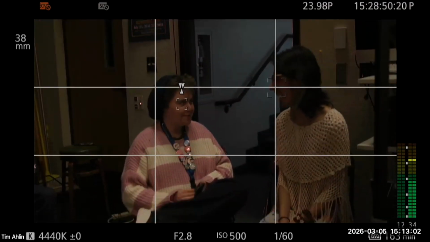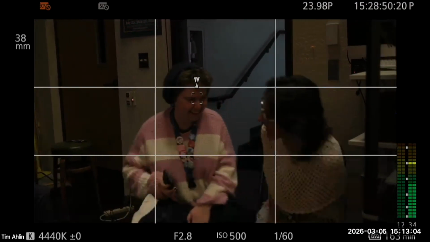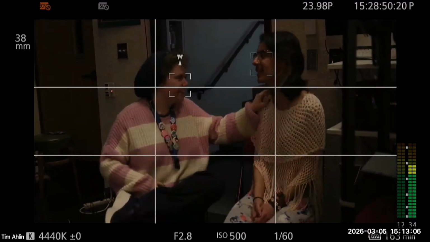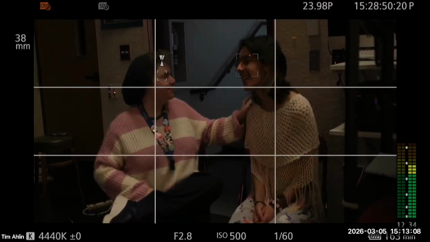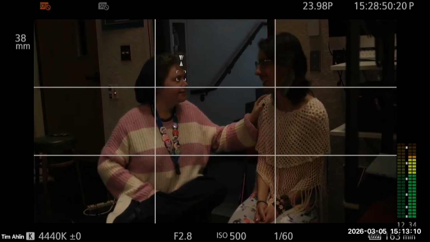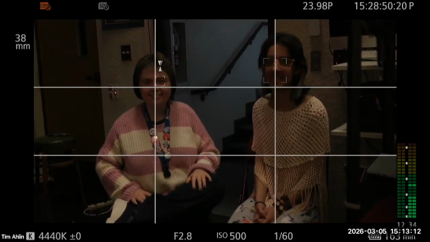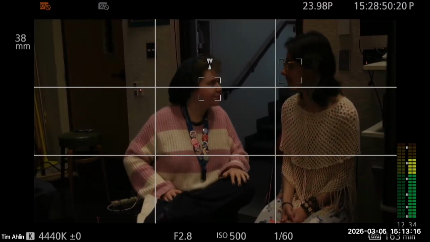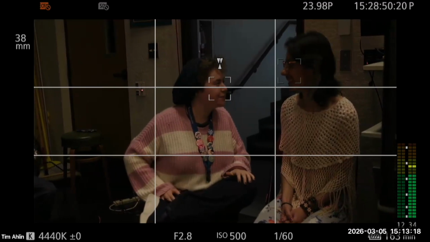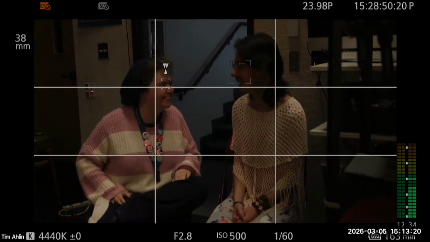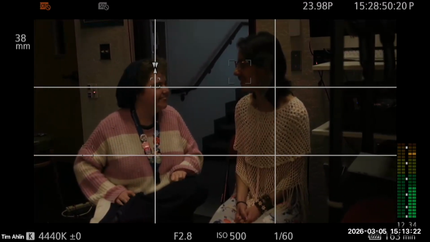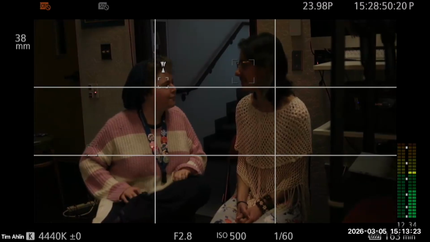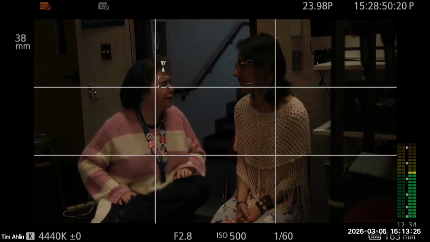Okay, if Steven's talking to Angel, which way do you want to go, if you're gonna truck the camera? Can you look at Angel? What are you looking at on Steven right now? So you're saying you don't want to get the cuff because you don't get the side profile?